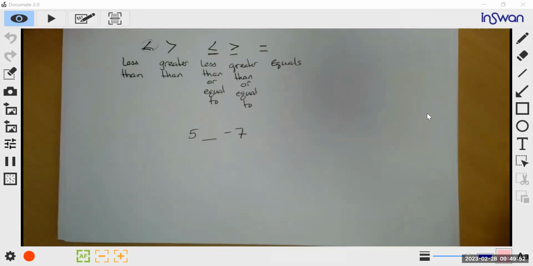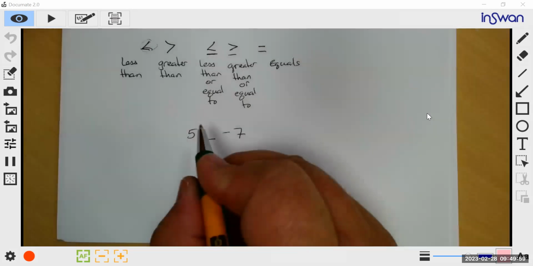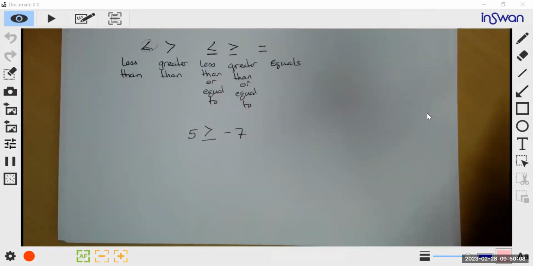What symbol goes there? Right. Basically, it'll always point to the smaller number.